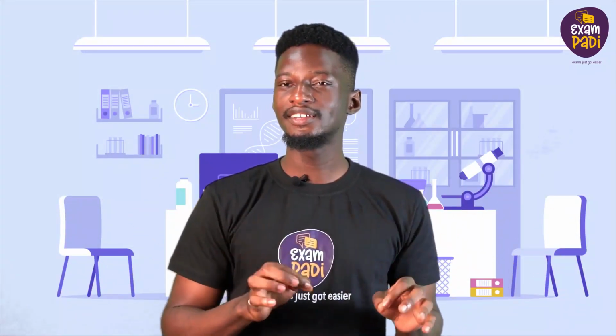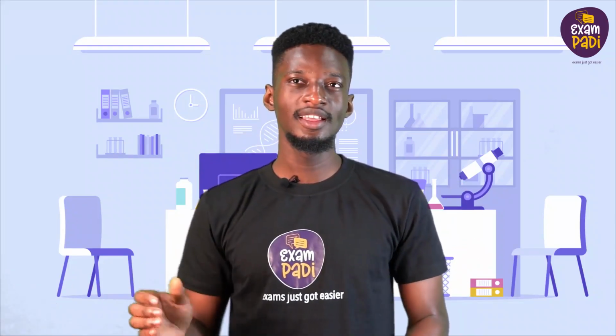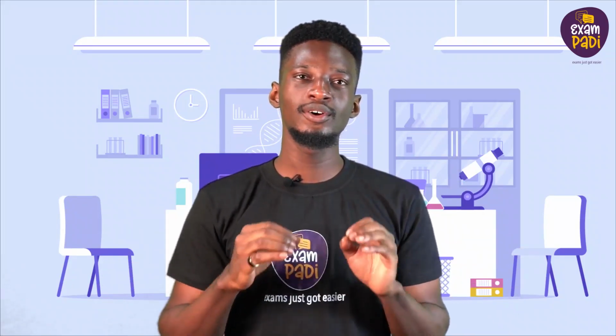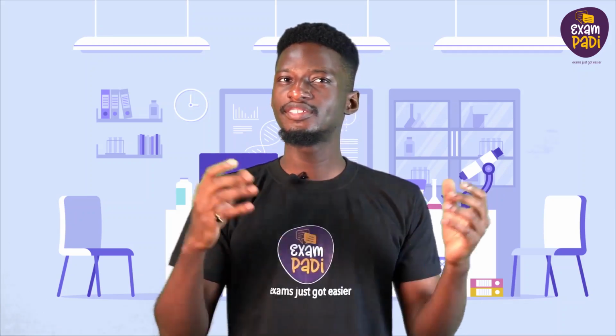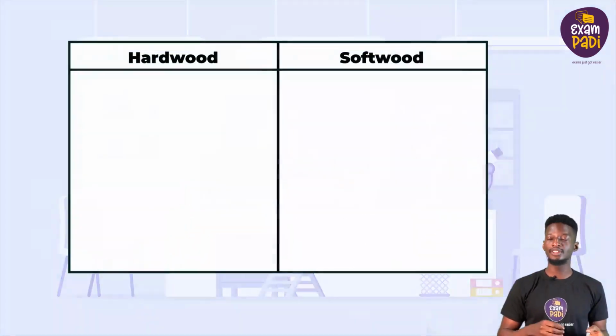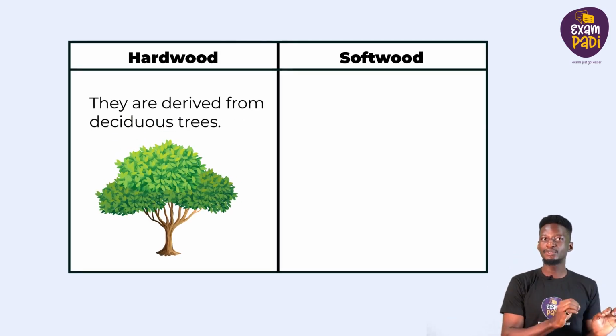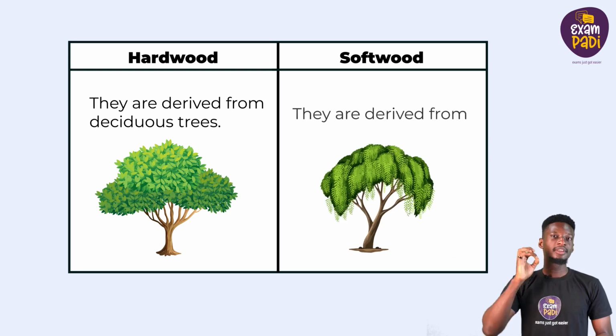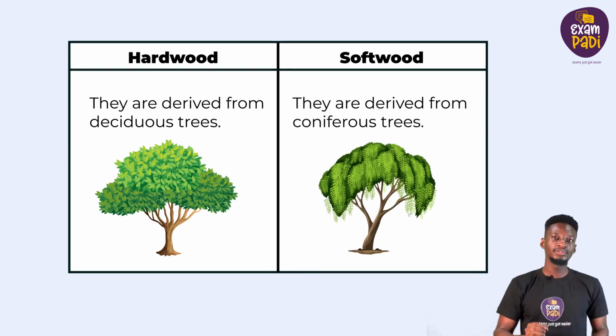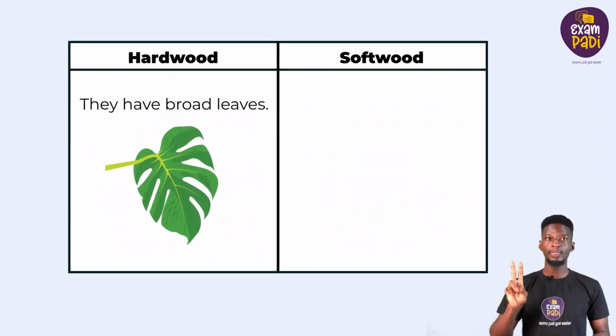Woods are classified into hardwood and softwood, and they have different characteristics or properties. This table shows the properties of hardwood and softwood. 1. Hardwoods are derived from deciduous trees, while softwoods are derived from coniferous trees. 2.